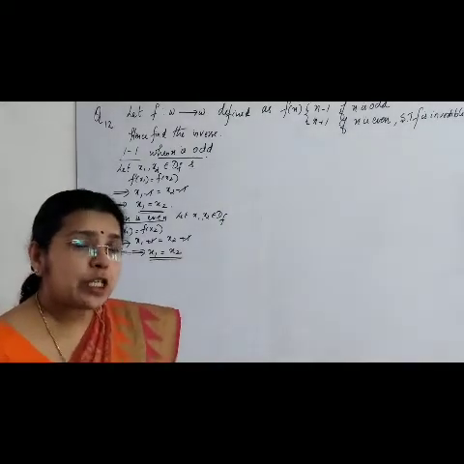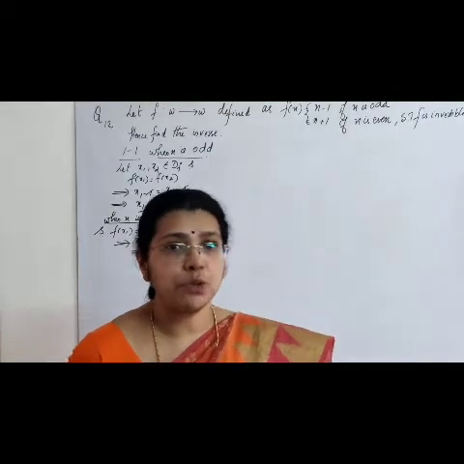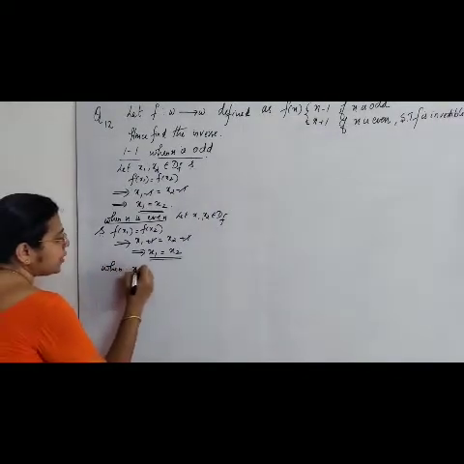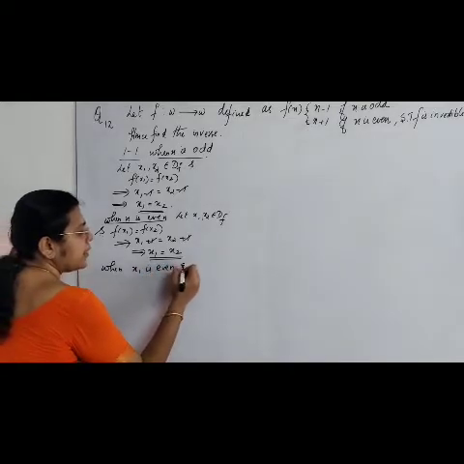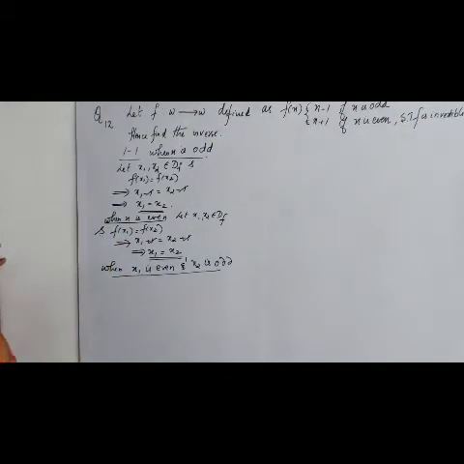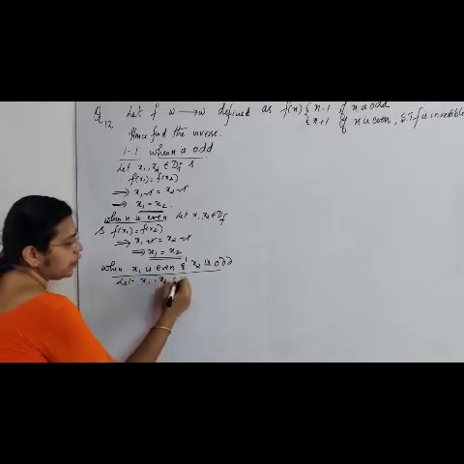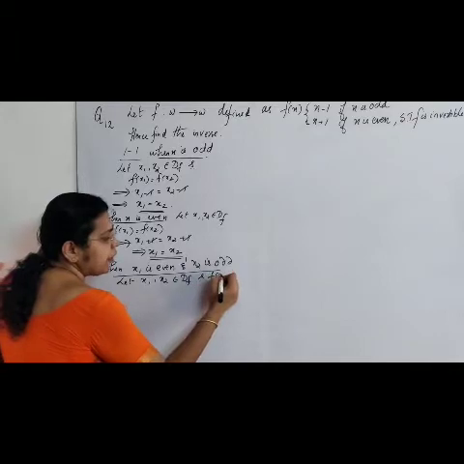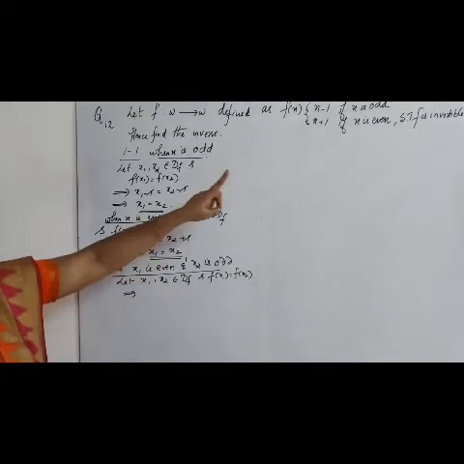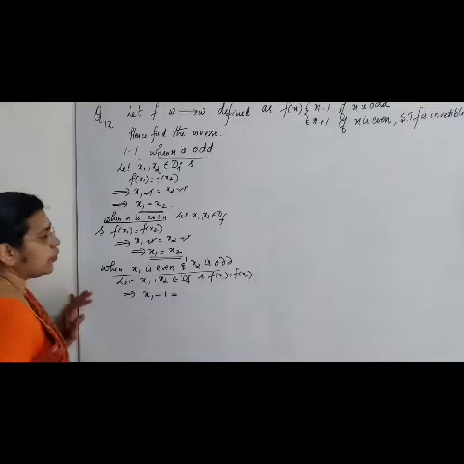What if x1 is even and x2 is odd, or x1 is odd and x2 is even? Let's consider that also. When x1 is even and x2 is odd, there is a possibility of this kind also. Let x1, x2 belong to the domain such that f(x1) = f(x2). Since x1 is even, we get x1 + 1 = x2 - 1, as x2 is odd.